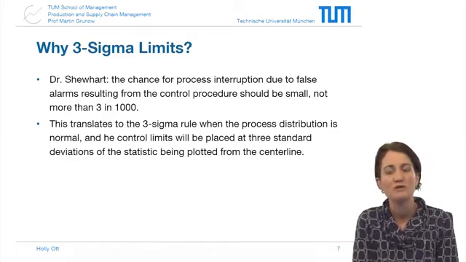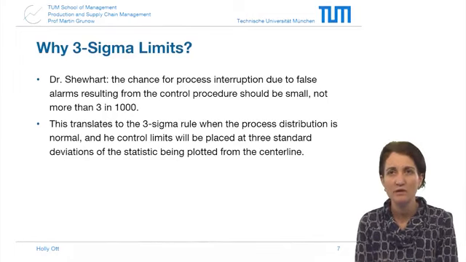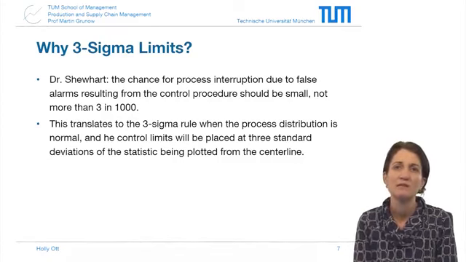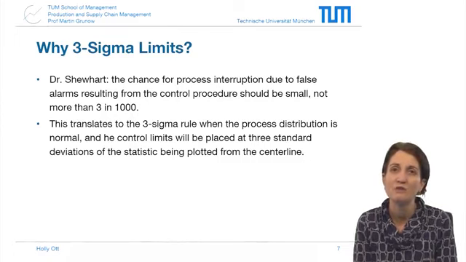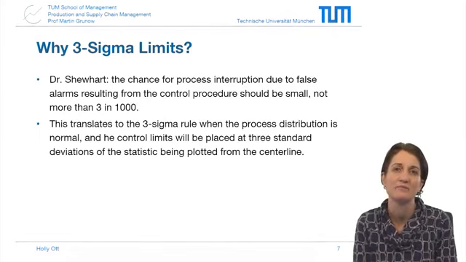But there will be also a higher probability of a false alarm. If the limits are placed further apart, say at 4 sigma, then we have a lower probability of a false alarm, but you may not be able to detect something with an assignable cause so easily. And even if you have a sizable change in your process, you may not detect that as quickly.